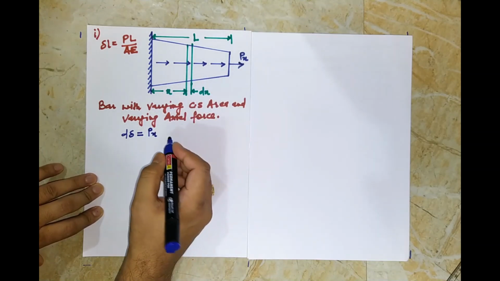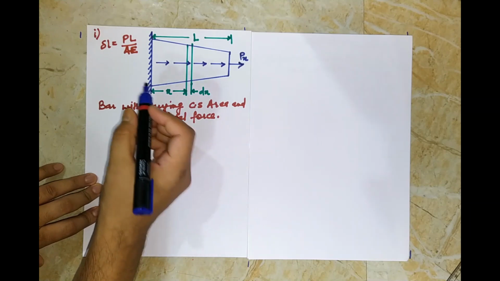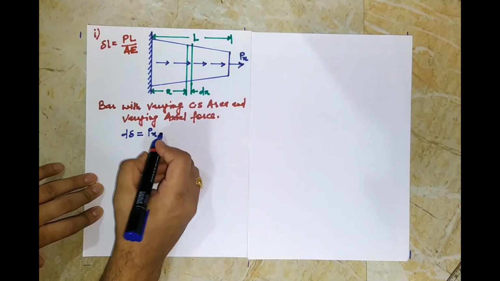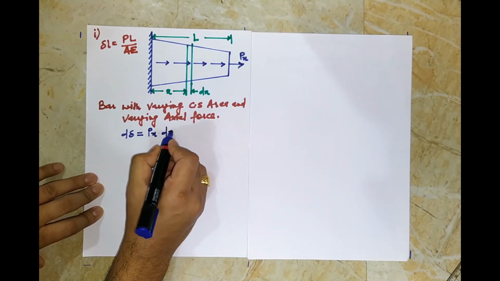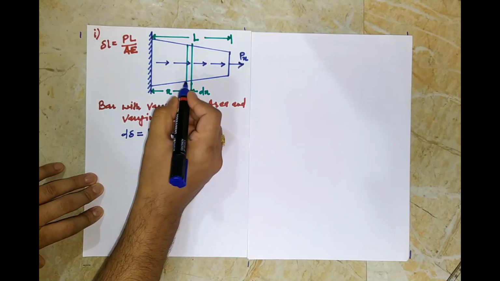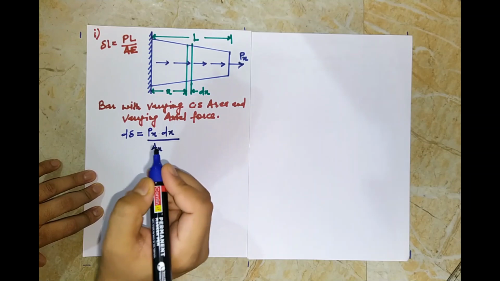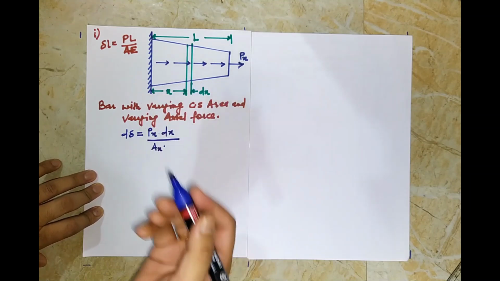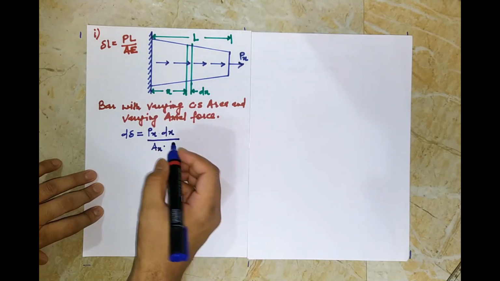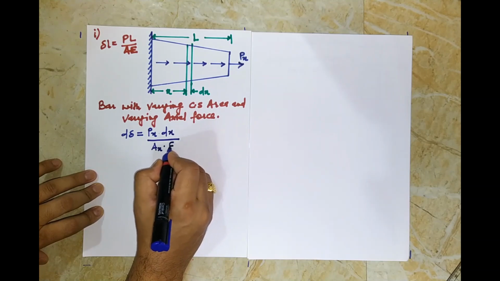So P(x) is the load, and what is the length of this element? This is dx. Area of cross section is also varying, so it will be A(x), but E, the Young's modulus, remains constant throughout the material, so we'll take E.